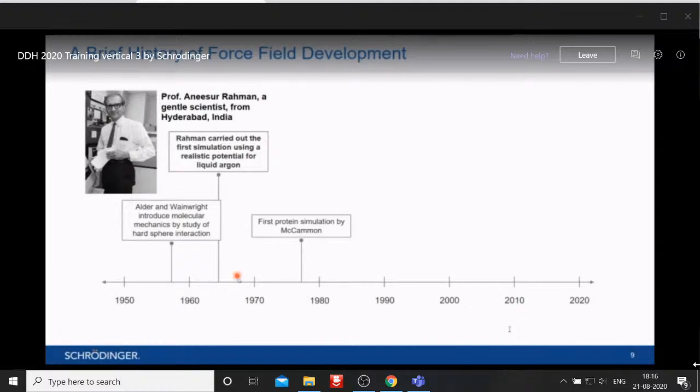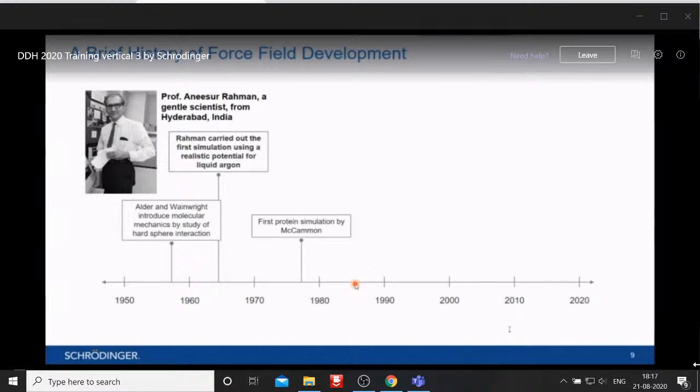Then in the late 70s, there is another scientist called Andrew McCammon. He did the first protein simulation, meaning he applied this MD simulation theory to biological molecules, for example, a protein. He did the first MD simulation on it, and it was for just a few picoseconds. Afterwards, history continues. So you know what the current status of MD simulations is.